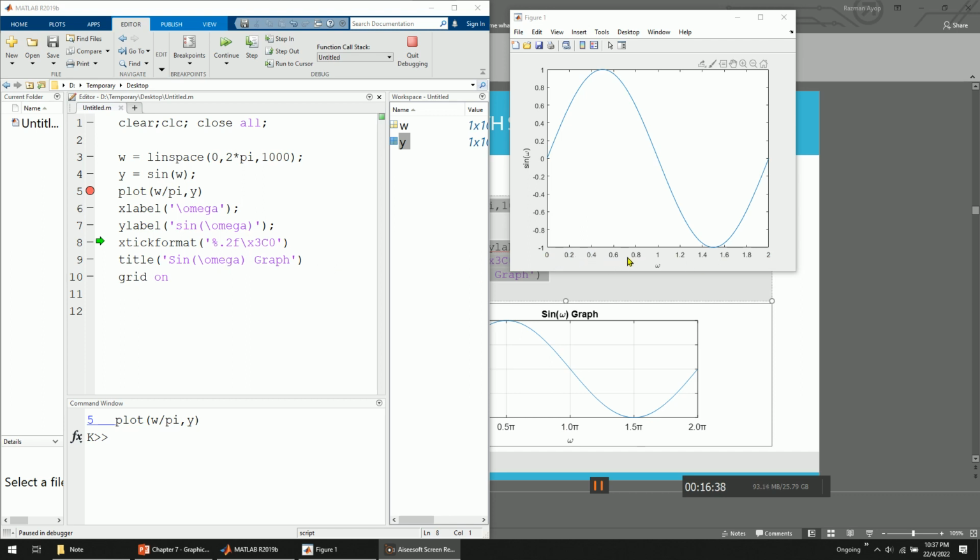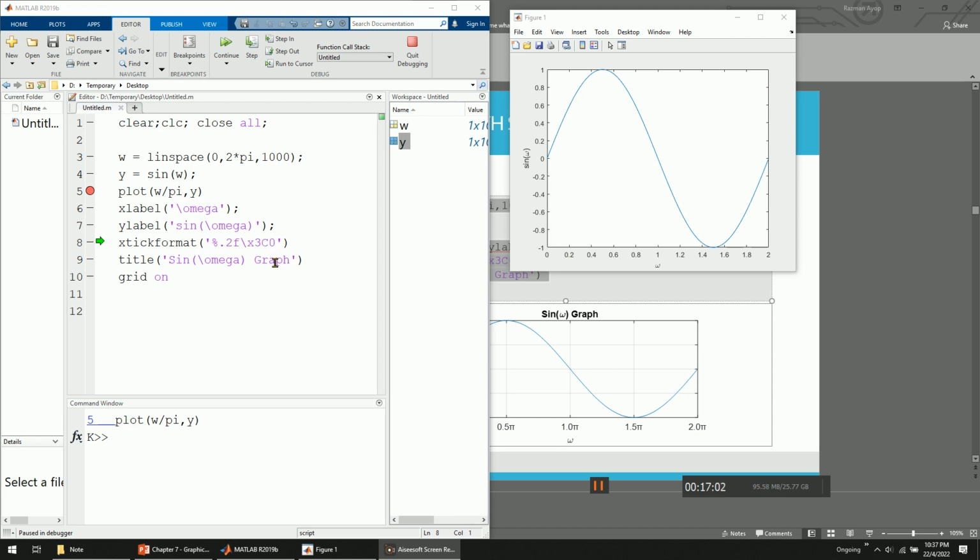If you want to reformat what is written right now, you can just use xtickformat. Recall input and output, fprintf: percent dot 2 f, where 2 decimal points are taken and f is the floating number.